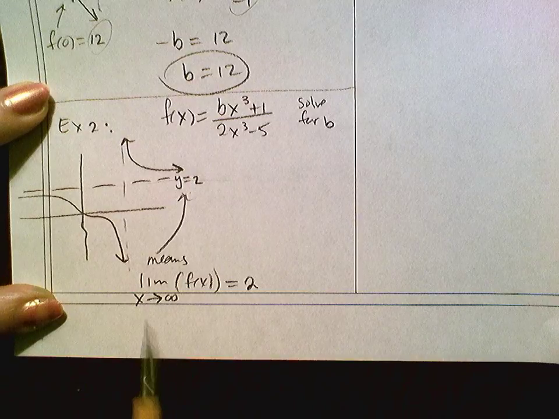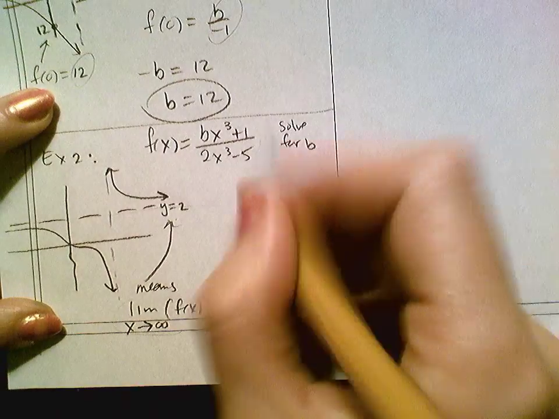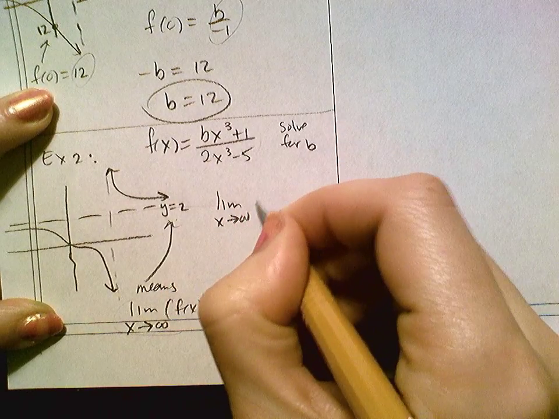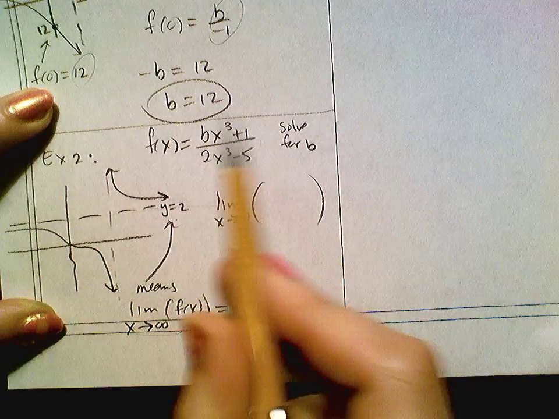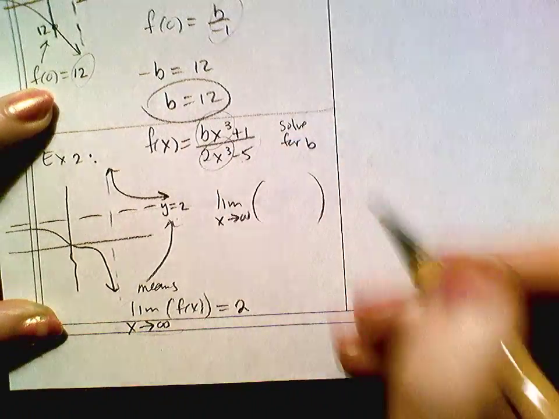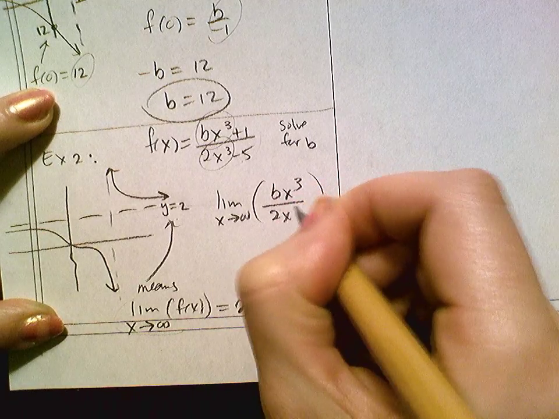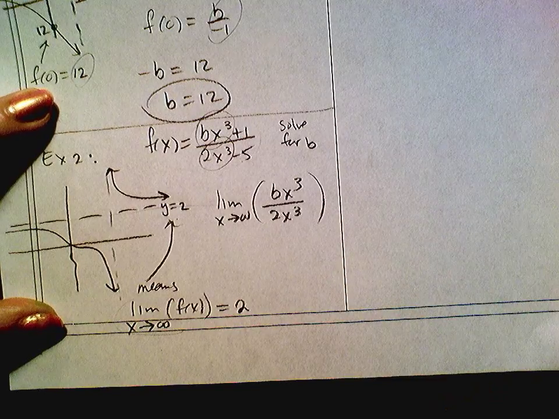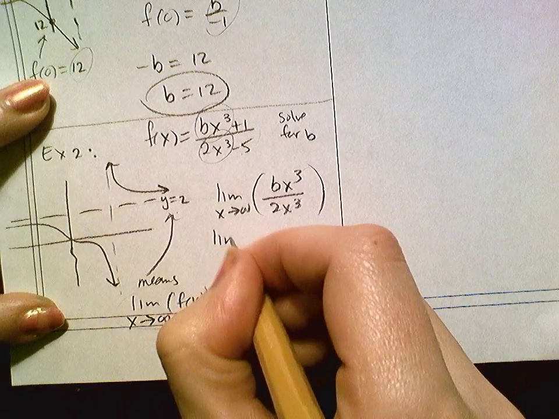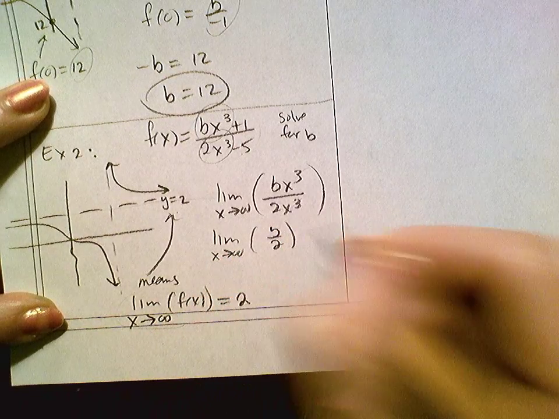So I've just got to do the limit of this and set it equal to 2 and see what happens. So I'll go the limit as x approaches infinity of this function. But guys, I'm just going to save us writing room. This is called the end behavior model, and you take the leading terms. And now these are canceling. So this is the limit as x approaches infinity of b over 2.